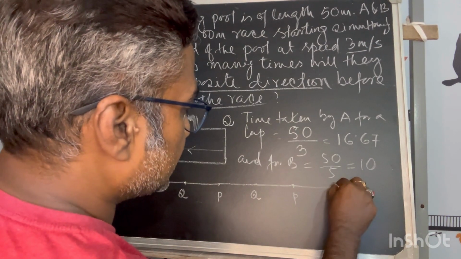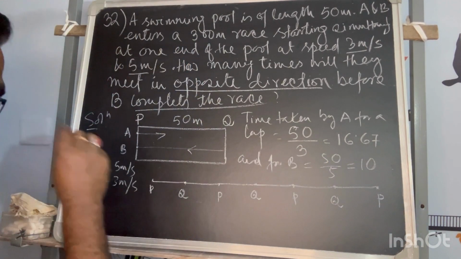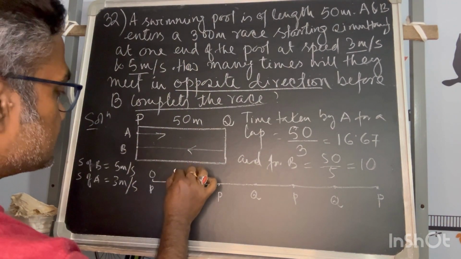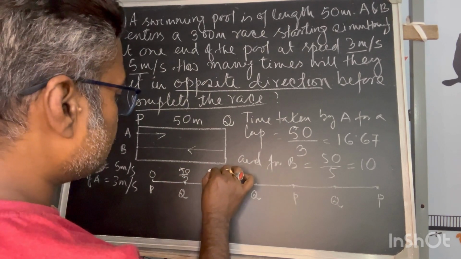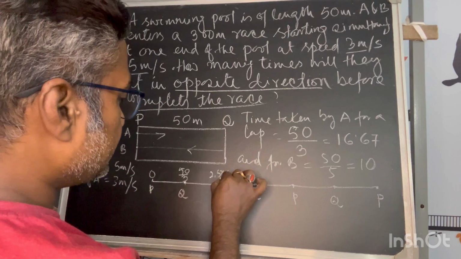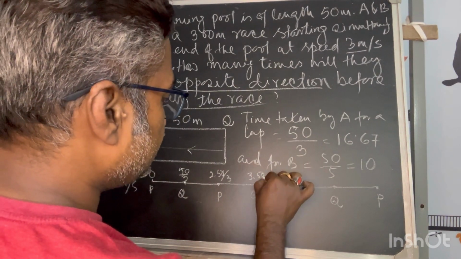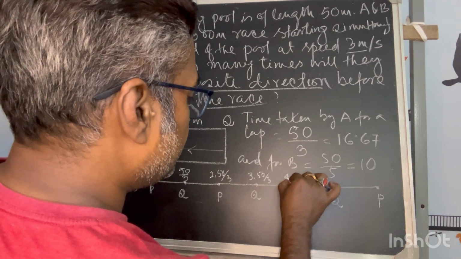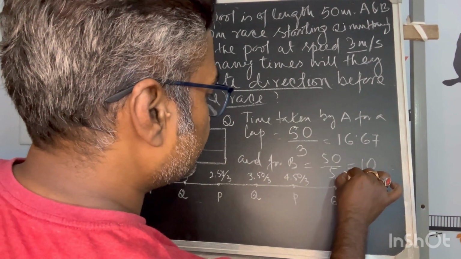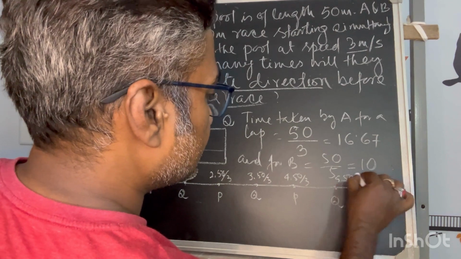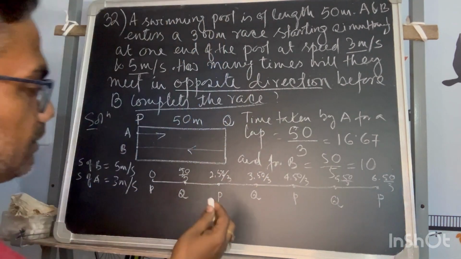I am writing the 6th lap because that is the maximum possible lap they can travel. So this is 0 time, this is 50 by 3, 2 into 50 by 3, 3 into 50 by 3, 4 into 50 by 3, 5 into 50 by 3, and 6 into 50 by 3. Let's say this is the timing they will reach.